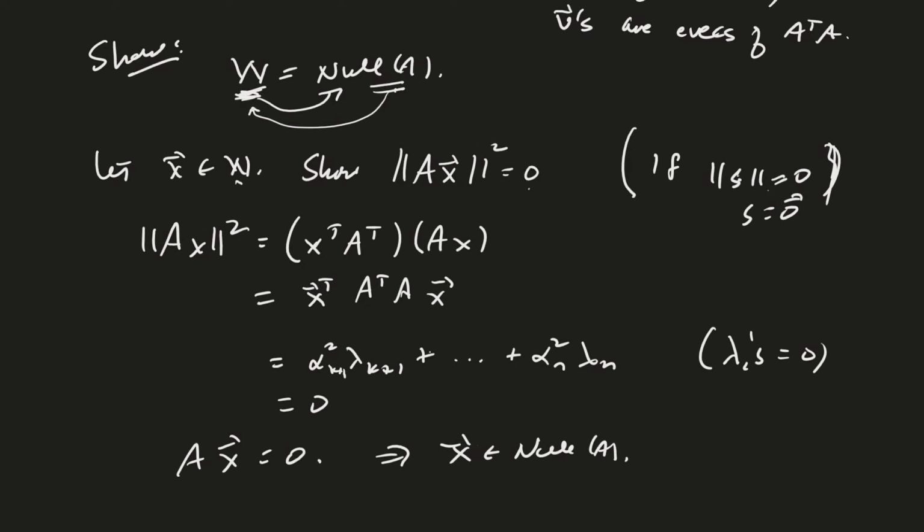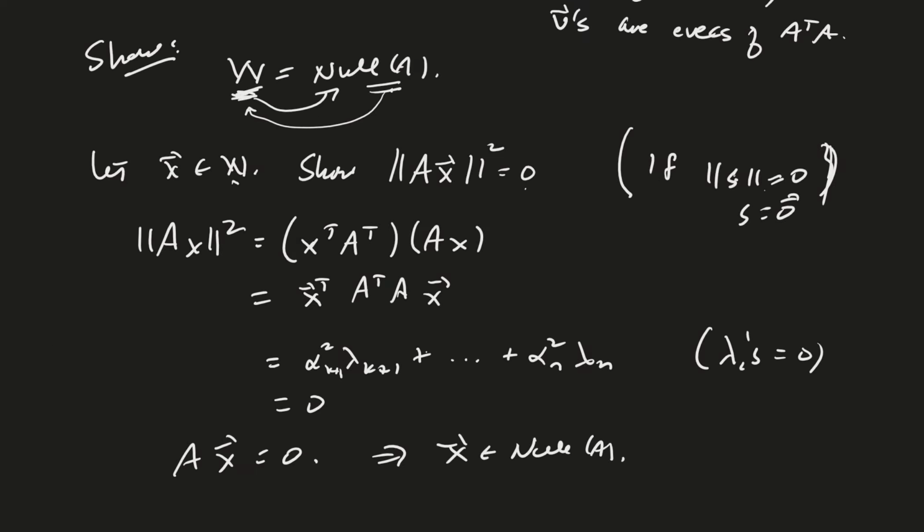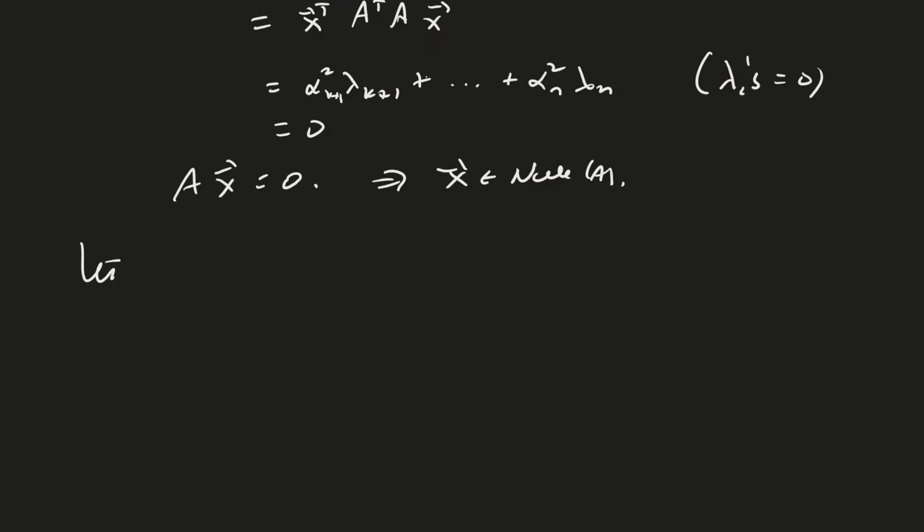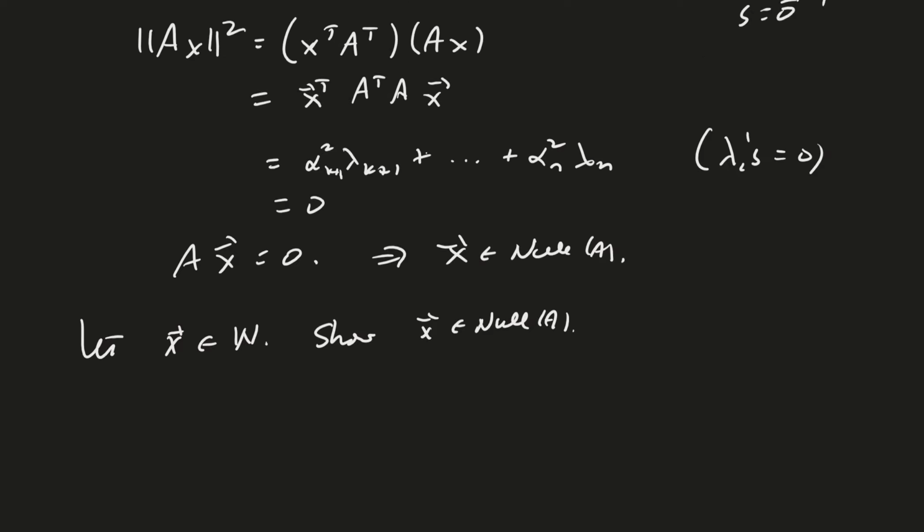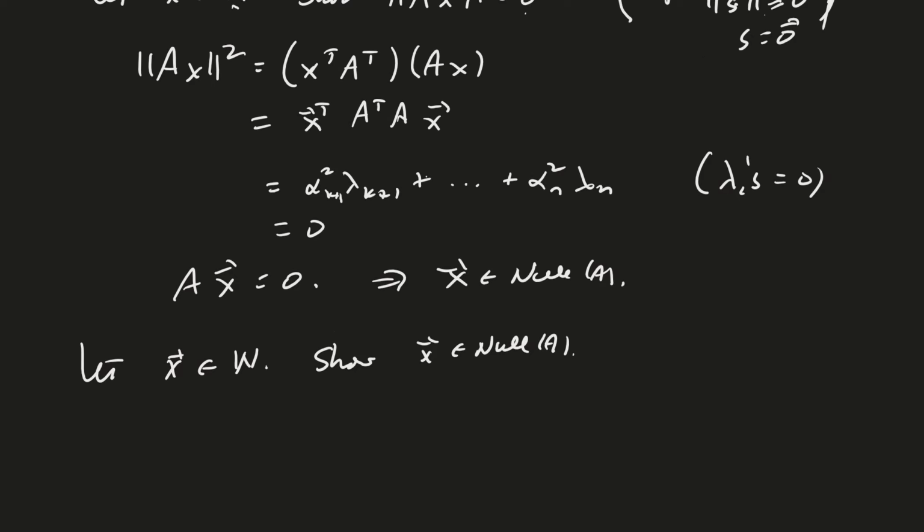Similarly, let's see if I can move this thing around. For some reason it's not doing what I want. I want to start with x in the null space and show that it must be in W. Well, let's think about what we're doing here. x is in the null space, therefore A times x is equal to 0.